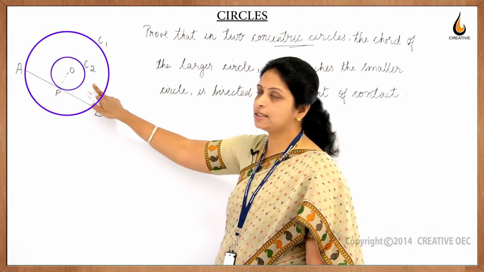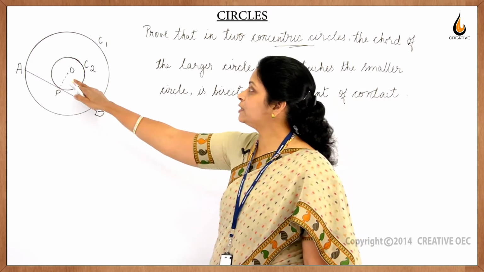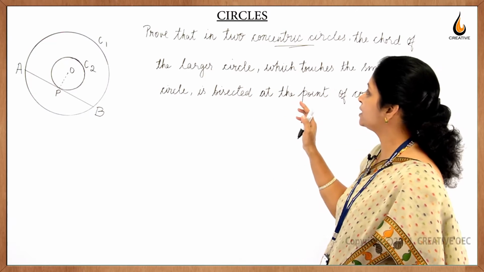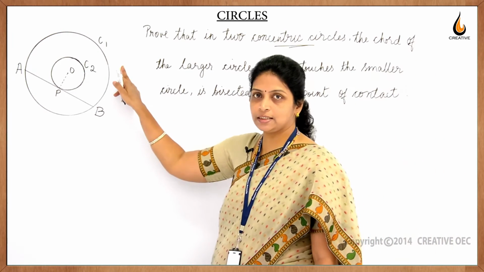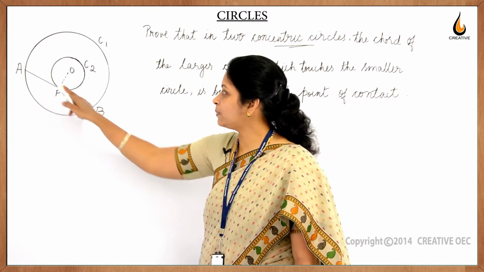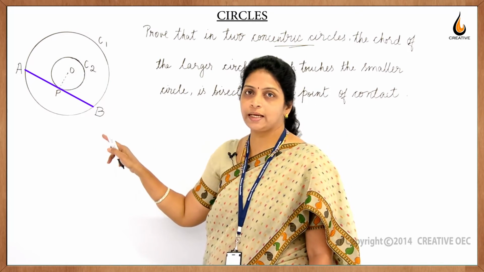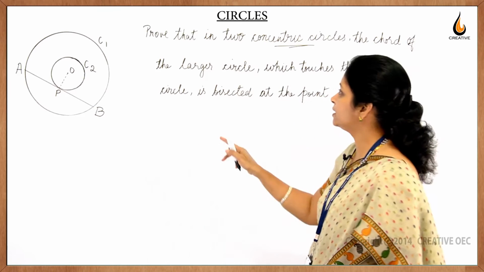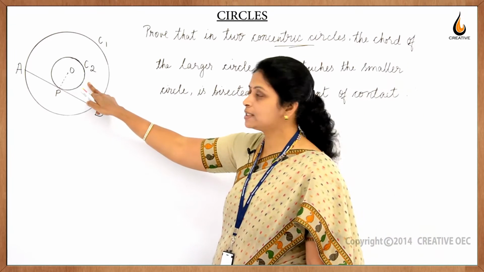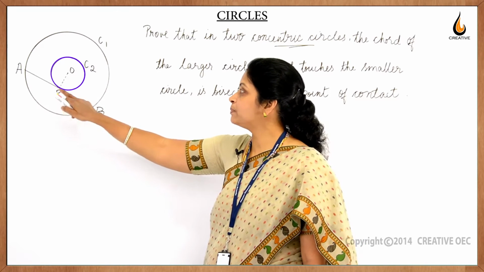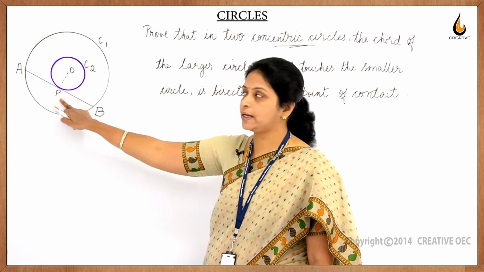Here C1 and C2 are two circles in which O is the center for both the circles. The chord of the larger circle is C1, and AB is a chord of C1 because it touches C1 at 2 points A and B. We have to show that this chord, if it touches the other smaller circle C2 at one point P, is bisected at this point of contact.